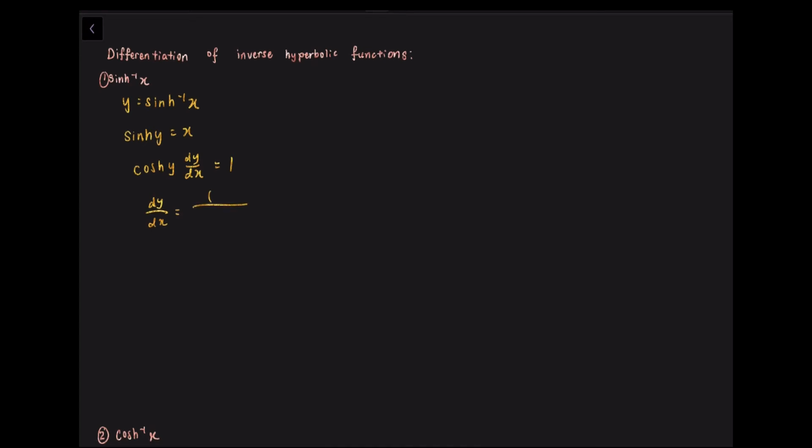So dy dx equals 1 over cosh y, which equals 1 over square root 1 plus sinh squared y. And we know that sinh y is x, so it equals 1 over square root 1 plus x squared, which gives d dx of inverse sinh x equals 1 over square root 1 plus x squared.